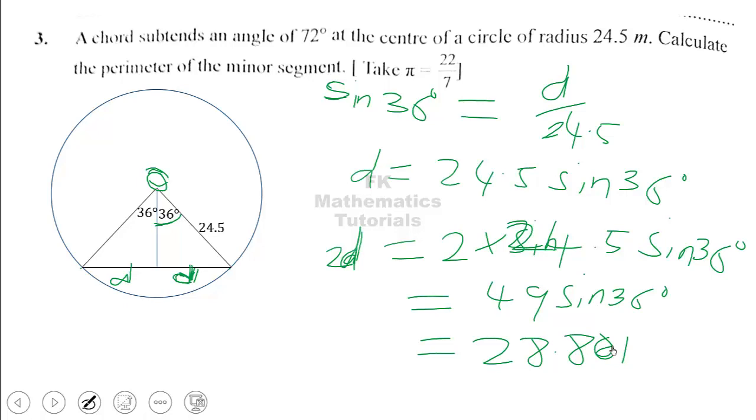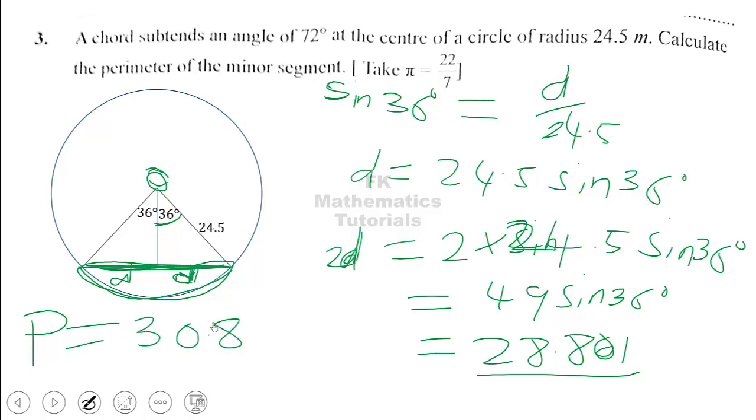Then we can now add this to 30.8, and that will give us the perimeter of the minor segment. So this is the minor segment. So we add the distance from here to here, which is 2D, 28.801, to the length of the arc, so perimeter is equal to 30.8 plus 28.801.